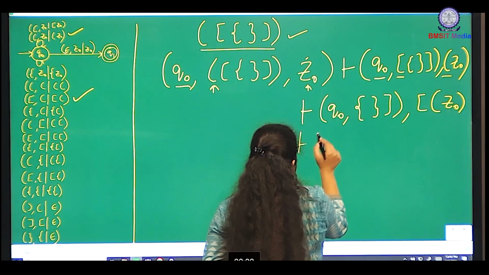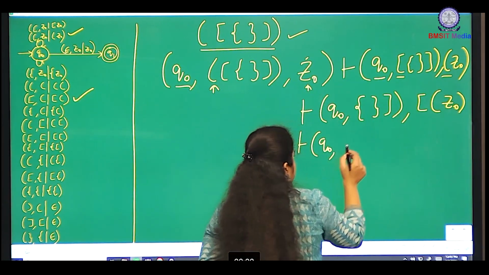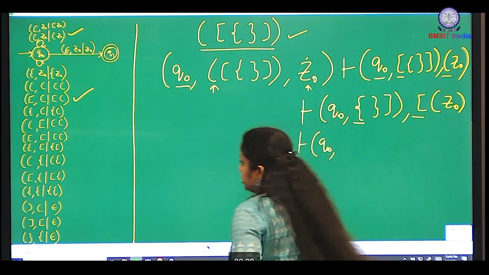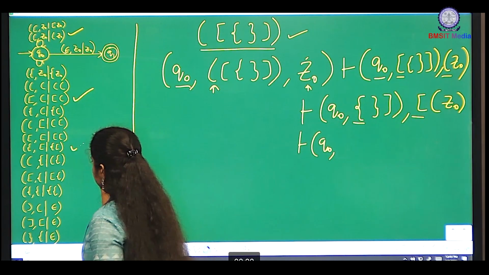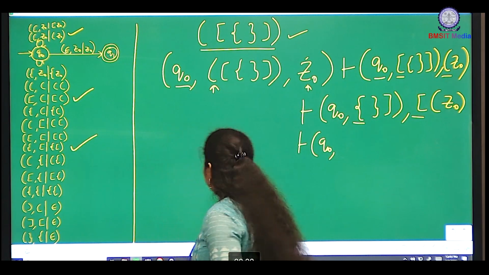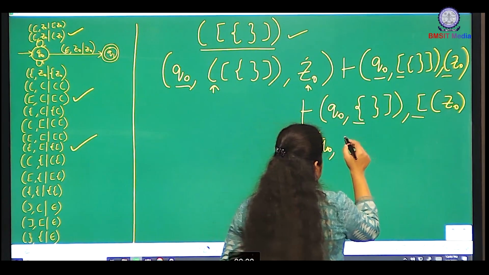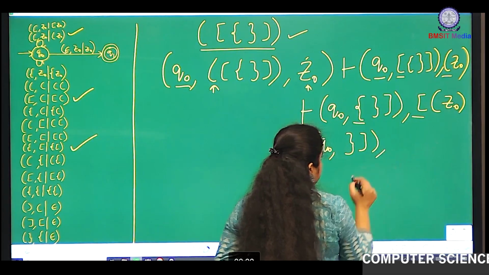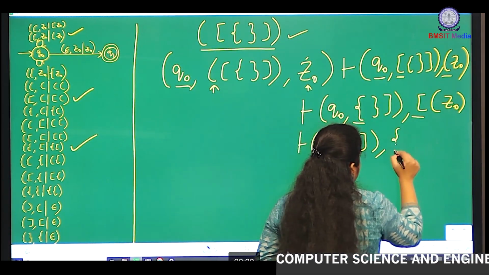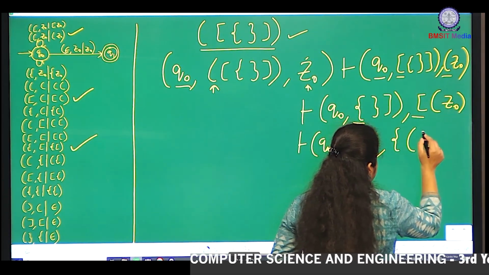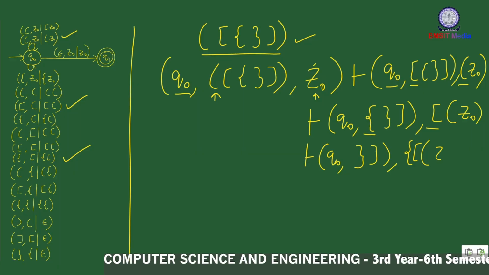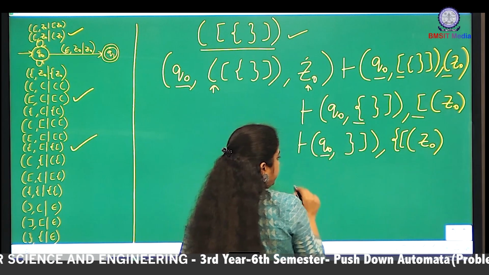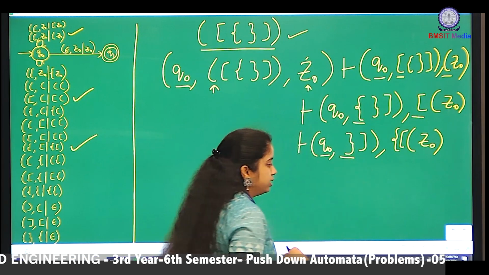Next, Q naught is reading curly braces and square is in the stack. Upon this transition, you will simply perform the push operation. Remaining string, push that onto the stack. Now, next, Q naught is reading closed curly parenthesis.